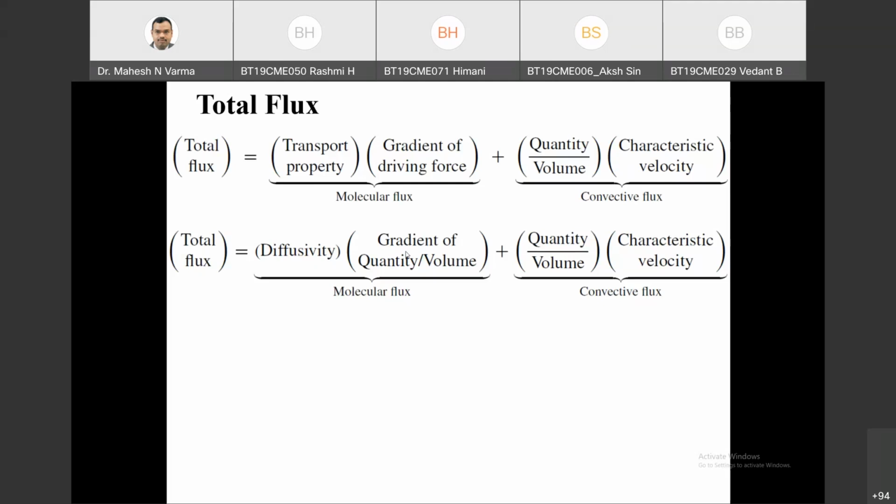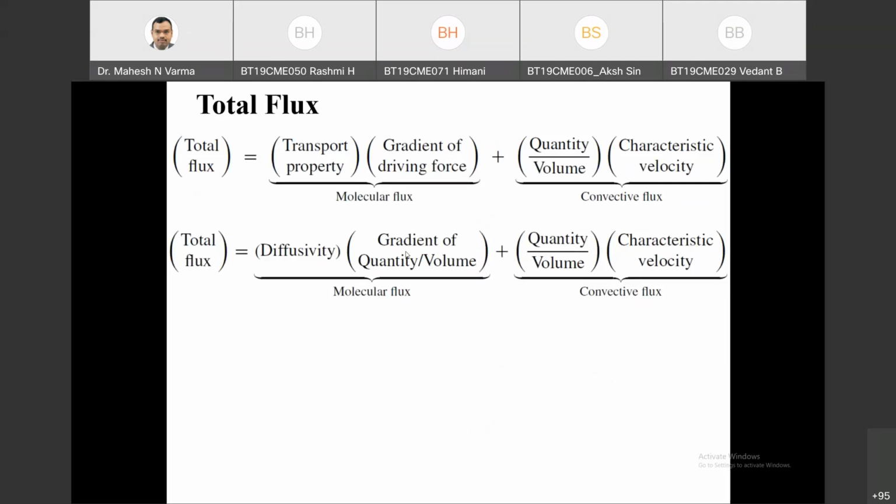dCA by dy. So it will have a unit of quantity per unit volume divided by length. This is clear to everybody? So this is summary. This gradient of quantity per unit volume will have dimensions of quantity per unit volume divided by length. You take down in your notes and try to justify this by using dCA by dy.